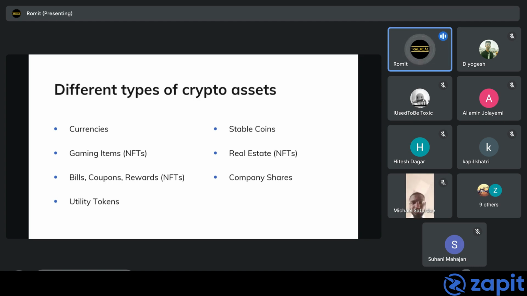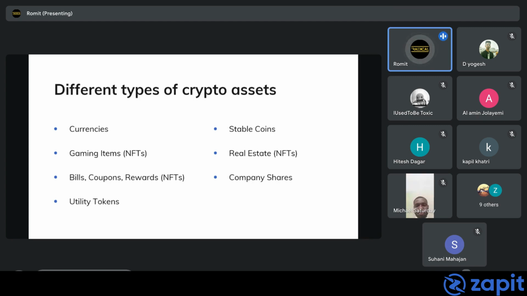That is why people realized that you can also have stable coins, which means you can have cryptocurrencies that represent something else. For example, you can have a coin that represents USD, or a coin that represents rupees, or even gold for that matter. So they are comparatively at least more stable in their price. So that's why they're called stable coins.